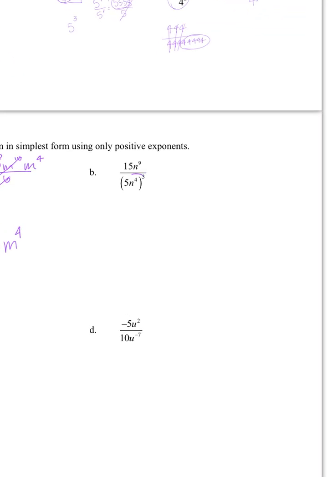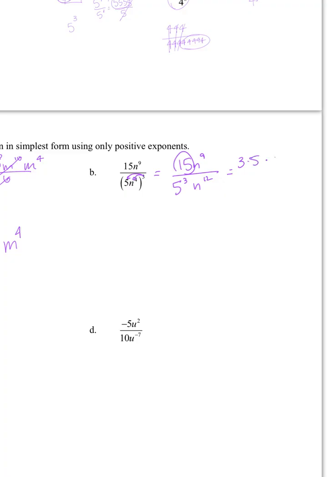On B, same situation. I'm going to make sure everything in the parentheses gets some of that 3. So here's my numerator. On the denominator, I have 5 to the 3rd and then n to the 12th. And then just a reminder, 15 can be rewritten as 3 times 5.